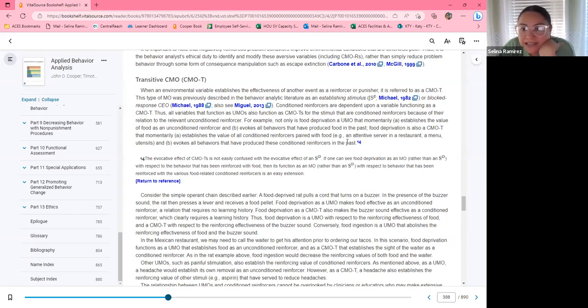If one can see food deprivation as an MO rather than an SD with respect to the behavior that has been reinforced with food, then seeing it as an MO with respect to behavior reinforced with the various food-related conditioned reinforcers is an easy extension.